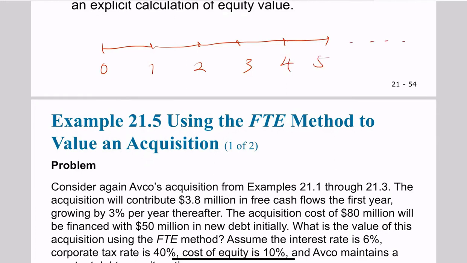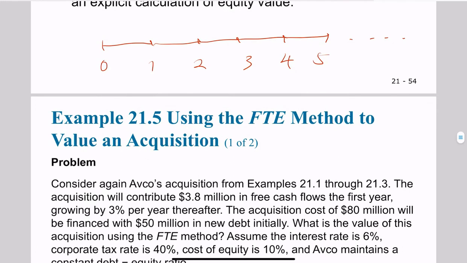Okay, so on day 0, what you can see here is if we want to find out FCFE, that is free cash flow to equity on day 0, it equals free cash flow minus the after-tax cost of interest expense.